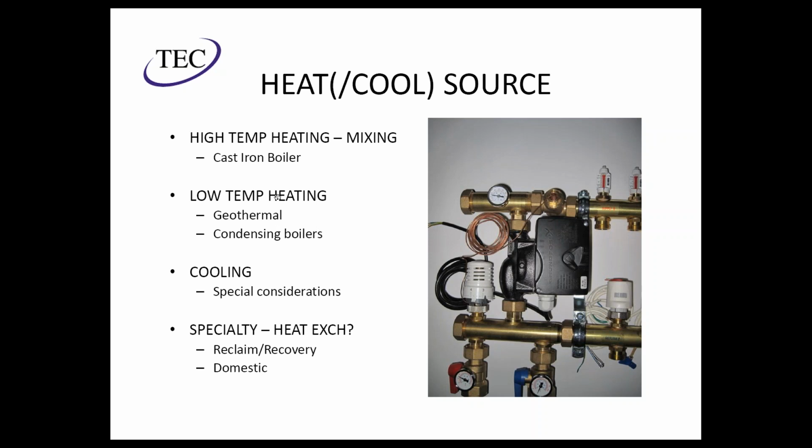As well, if you're doing low temp heating, geothermal and condensing boilers are obviously an ideal match for any radiant system. They work very well. They're already delivering the low temperatures that you want anyway, extremely efficiently. Cooling, there are certain considerations due to dew point and whatnot that I'm not going to address too much here because that's its own topic, as it can get very specialized. But cooling is installed the same way, and again, the same considerations.